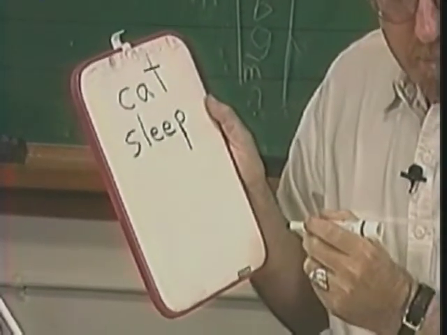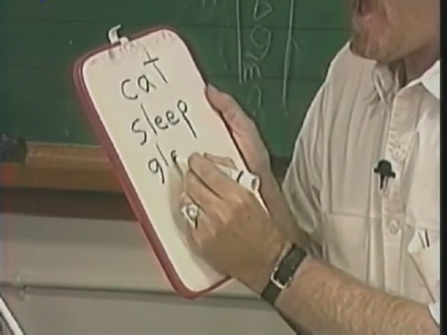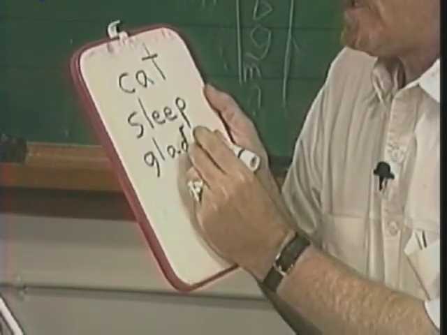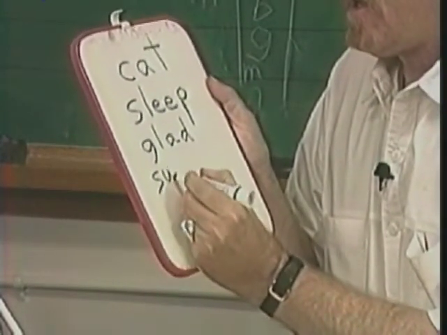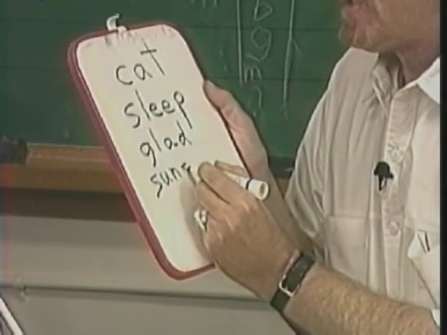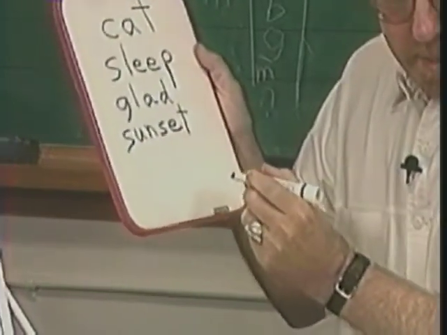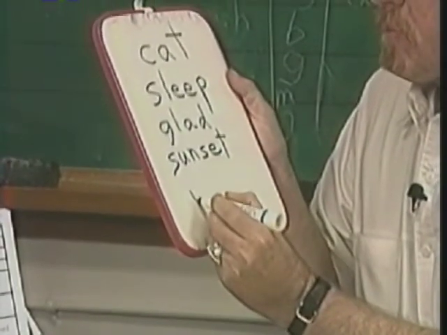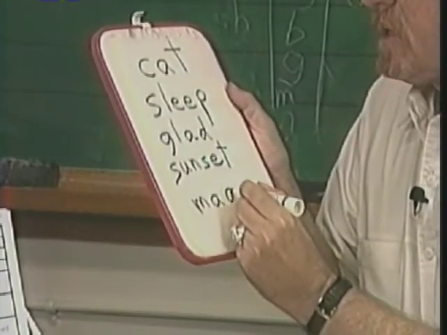Okay? The word glad would be g, l, a, d. The word sunset would be s, u, n, s, e, t. The word mad would be m, a, d.